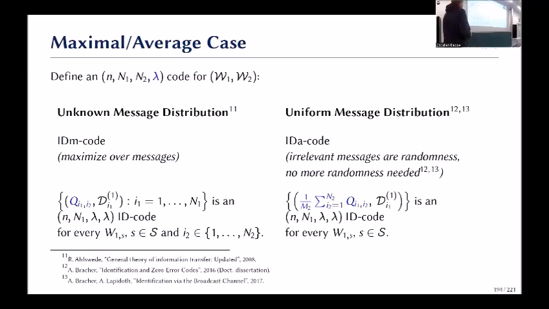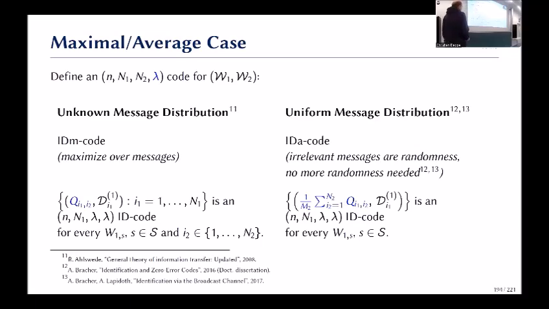And you have to define the (N, 1, 2, lambda) code. I don't distinguish here between errors of the first and the second kind. I bound them both here by lambda. And there are 2 ways to consider the situation. One thing is that you say you have an unknown message distribution.